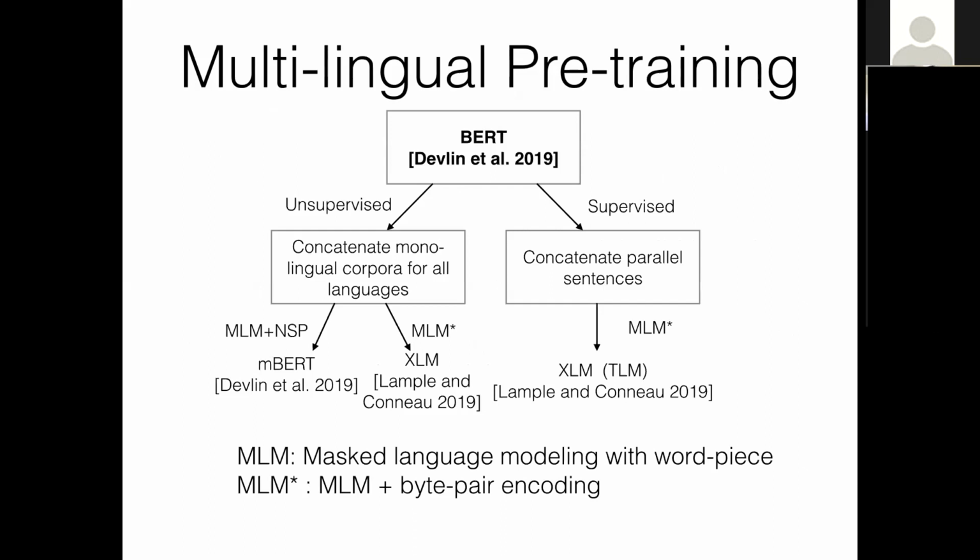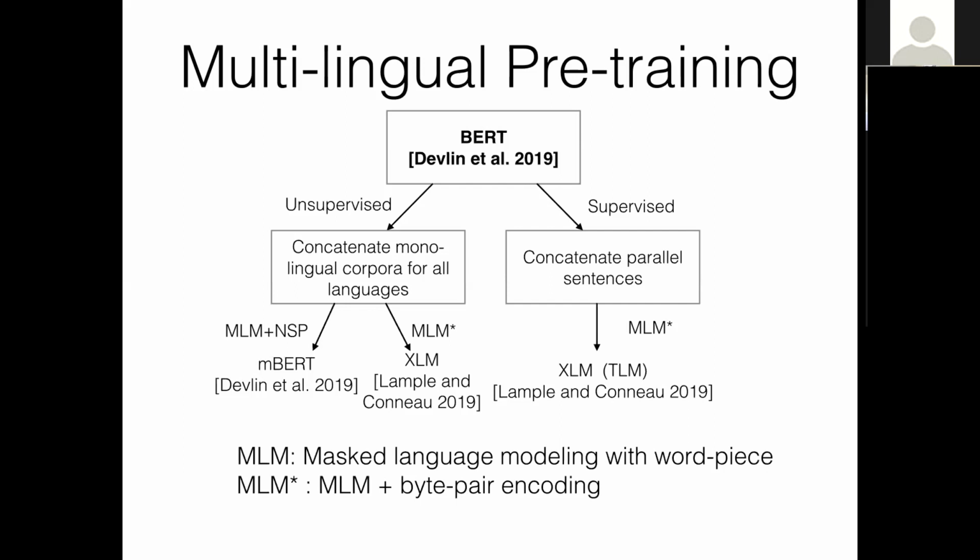Multilingual BERT, referred to as MBERT, and XLM are both unsupervised models, where they are jointly trained over the concatenated monolingual corpus of all the languages. MBERT uses the same training objective as the original BERT model, which is the MLM and the NSP.